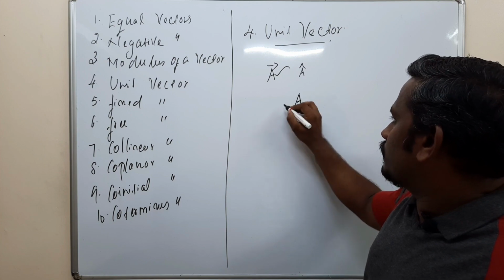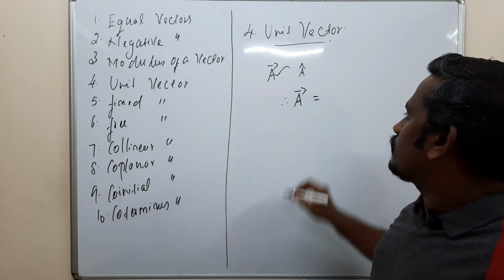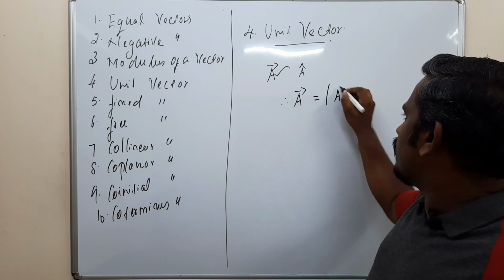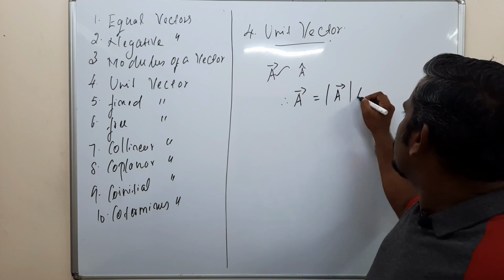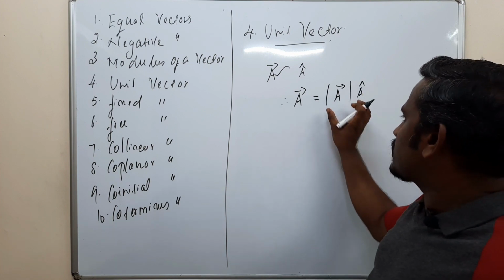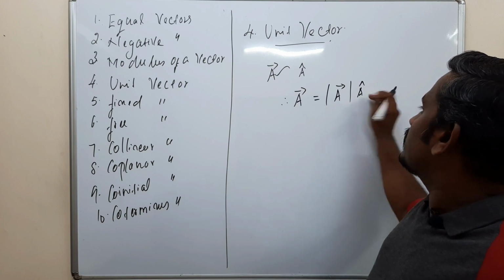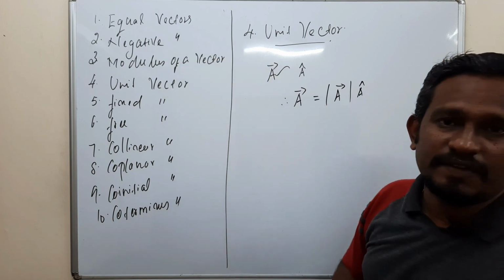So every vector we can represent like this: A vector is equal to the modulus of A vector, that is the magnitude, into A cap. The modulus of A vector gives the magnitude, and A cap gives the direction, because A cap is acting in the direction of the A vector.